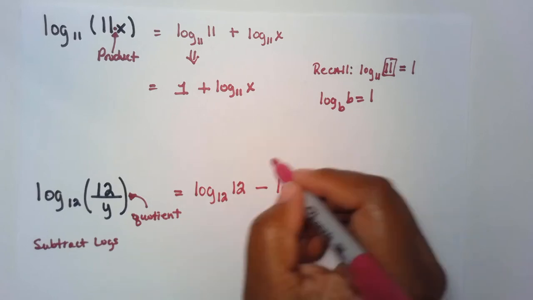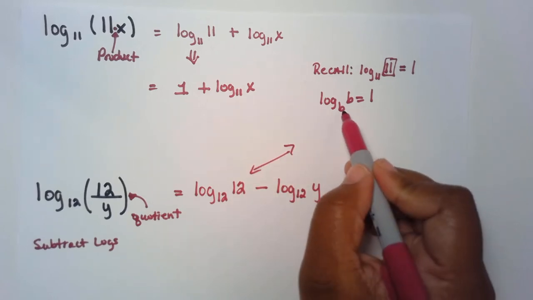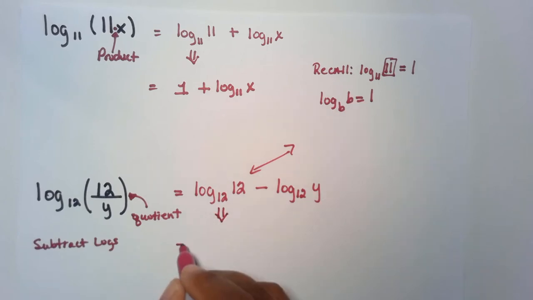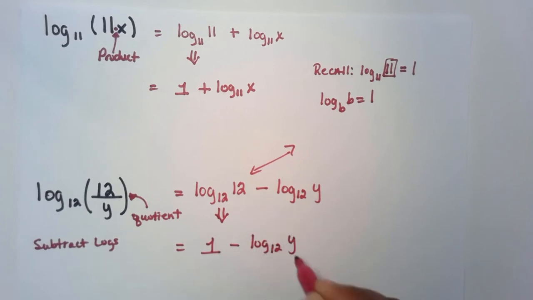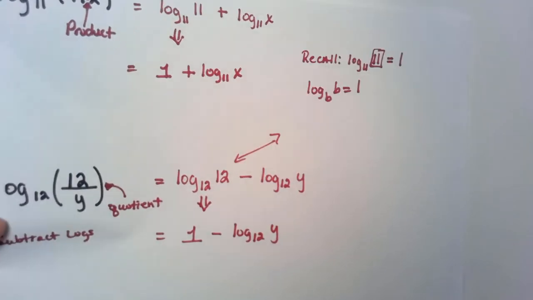And here again, that same property, log base b of b is 1. Well, log base 12 of 12 is going to give us 1. And then bring down the minus log base 12 of y. Okay, let's look at some more examples.